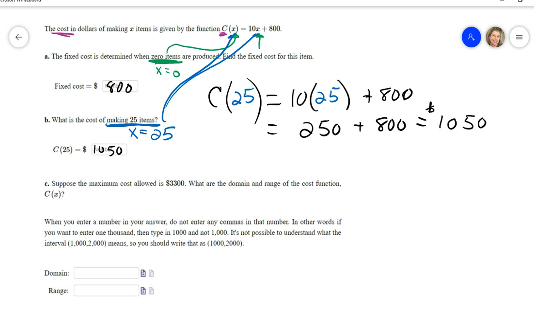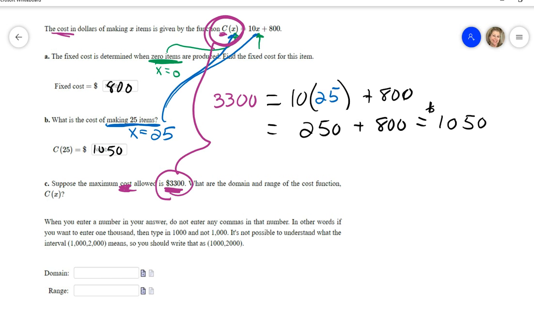Now part C says, suppose the maximum cost allowed is 3,300. That means this 3,300 is going to be put where the C of X is. So in this problem, you're actually going to put 3,300 right here.